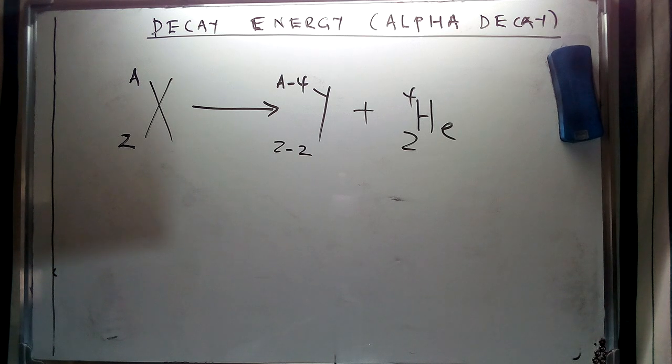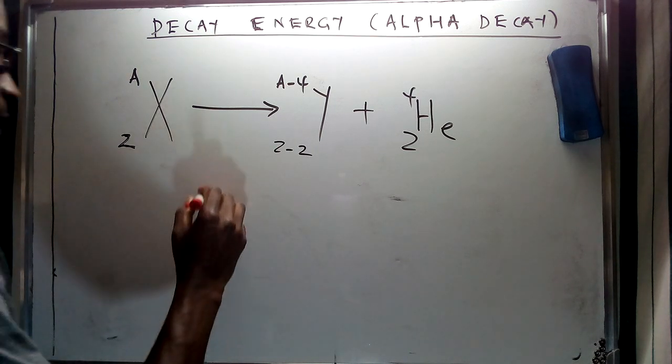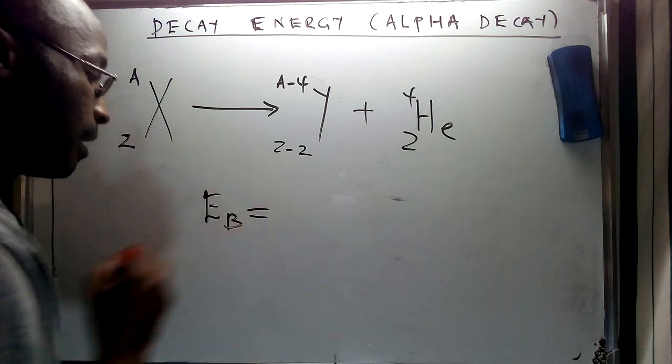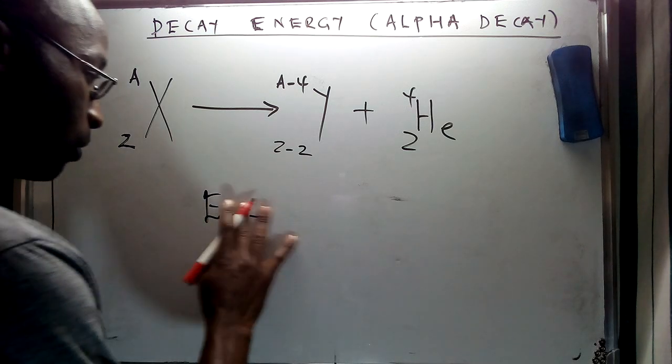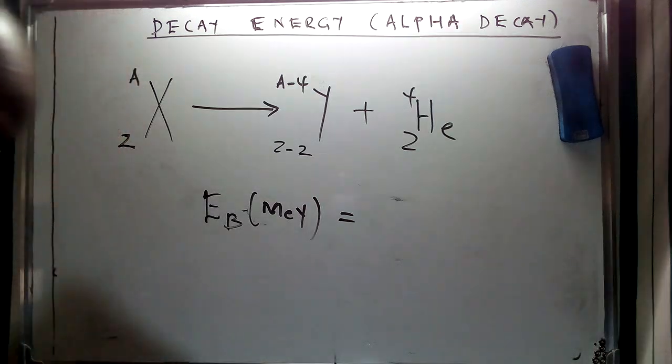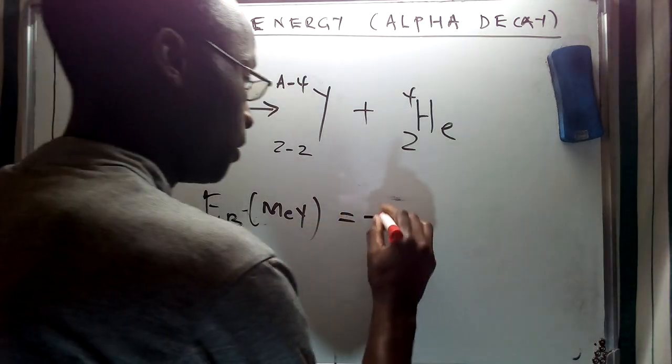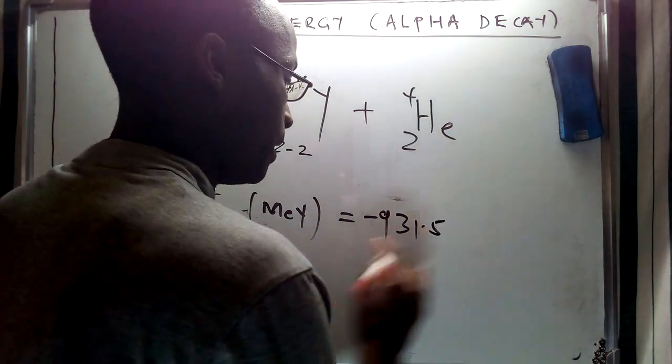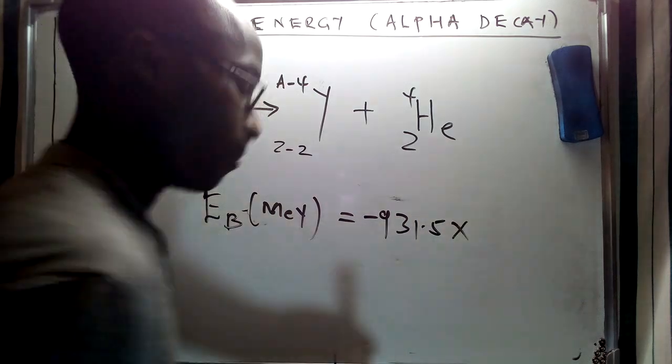This is basically because we had talked about the concept of binding energy which is released, and this binding energy corresponded to a change in mass, whereby we had given a general representation for the binding energy in mega electron volts. As I had said earlier, the negative sign implies the release of energy.